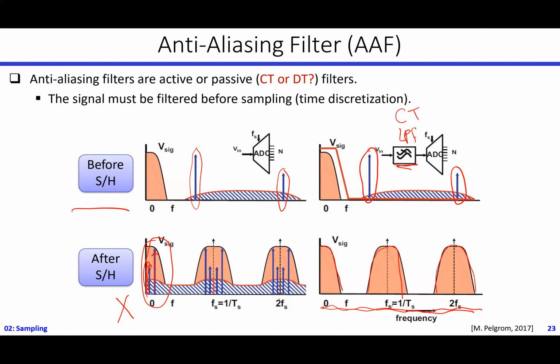Now when we reconstruct this signal back to analog, we will need to get rid of those replicas in order to get the original signal. And that's why we need a reconstruction filter. So we are coming back to that. We are going there.